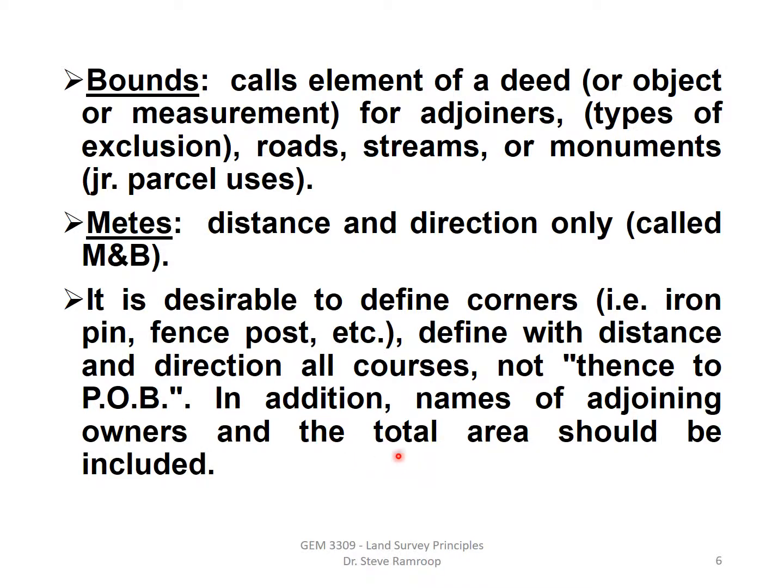In addition, names of adjoining owners and the total area should be included, because all of these are characteristics for retracing surveyors to look for and identify as evidence, in terms of the priority of calls, where the judge or the jury will determine the weights for all of these.